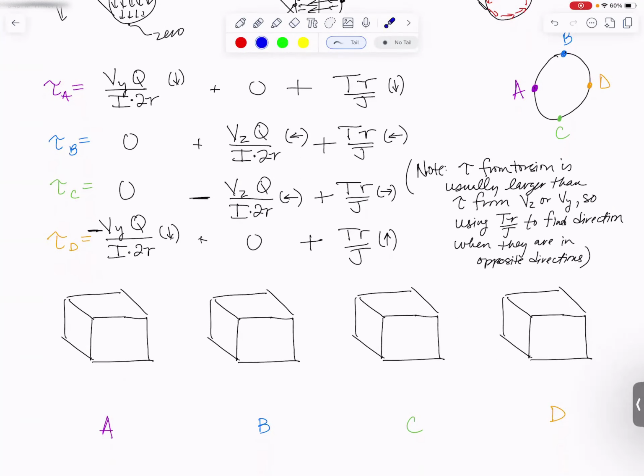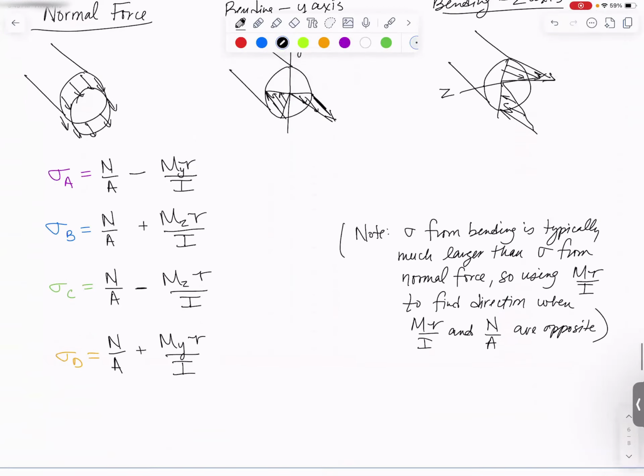Let's do the shear since I'm already on this page with shear. Tau A acts downward. B acts to the left. C, you've got a mix of right and left. I'm going to pick what I think is going to be bigger from the torque and right. And then D, I'm going to pick what I think is going to be bigger also from torsion and have it go upward. And then let's fill in the rest of this on the visible faces, head to head and tail to tail. And then let's just go figure out what our stress was going to be.